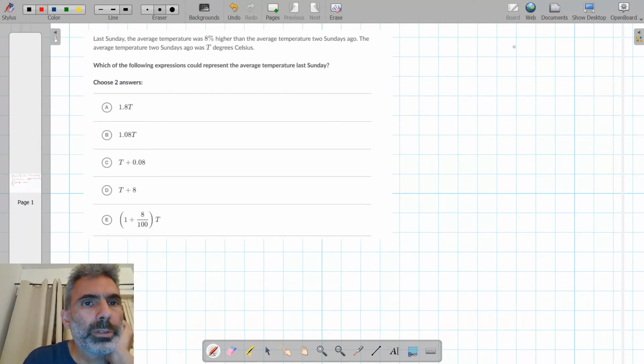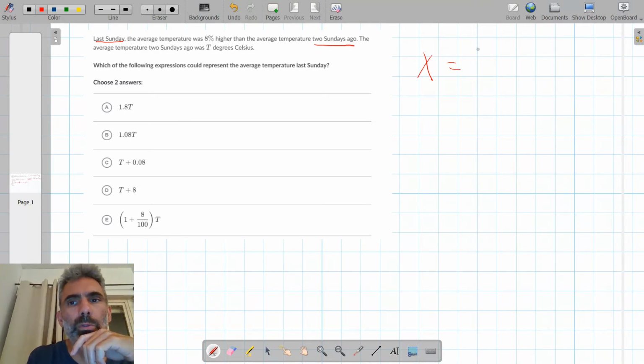Last Sunday, the average temperature was 8% higher than the average temperature 2 Sundays ago. Okay, so the average temperature 2 Sundays ago was X. And the average temperature last Sunday, so this is 2 Sundays ago.